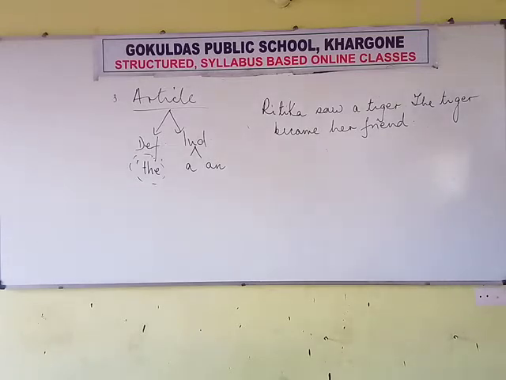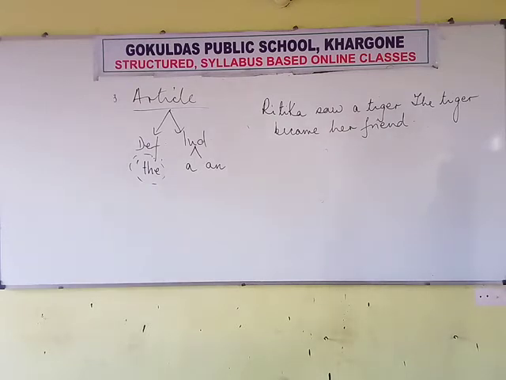So when I talk about something for the first time, and if it is not a special one, I use a general article, either "a" or "an." I'll tell you the difference later. When I talk about the same thing again, then I start using the definite article because now I know which one I'm talking about. Are you getting my point?